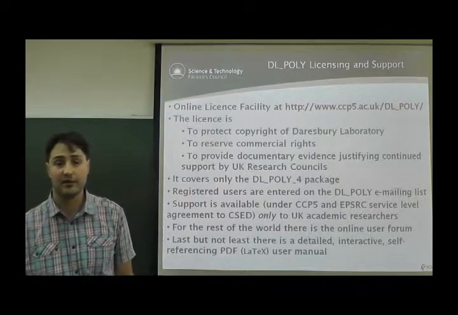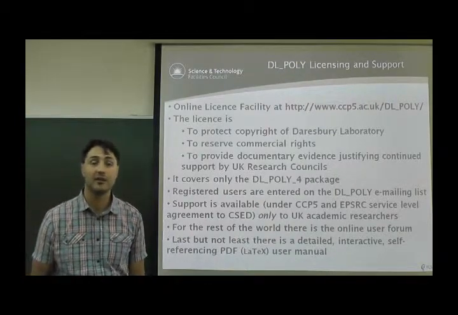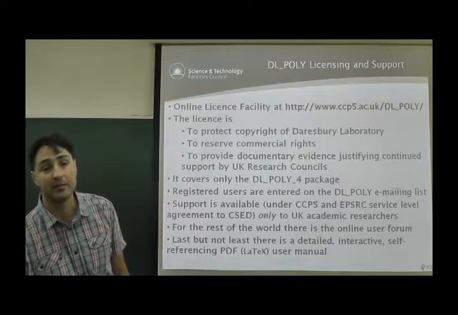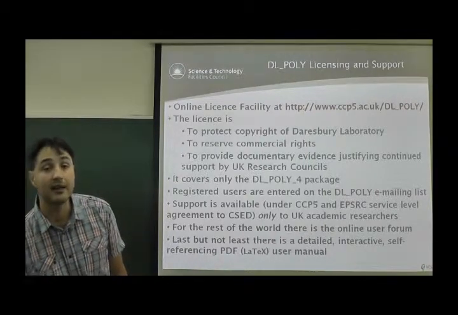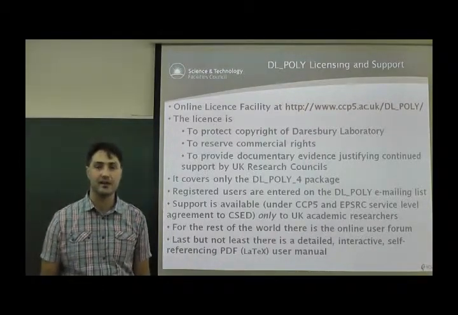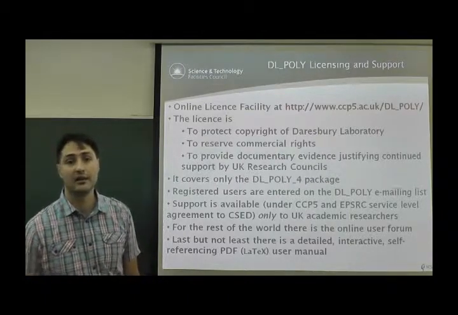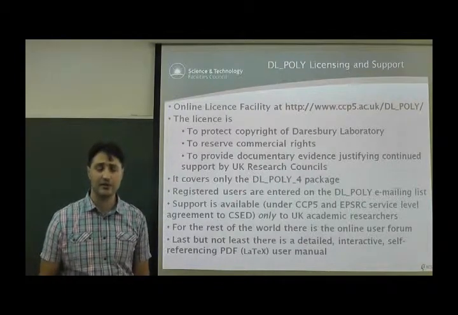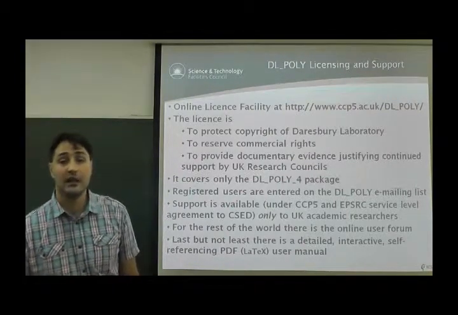We also want to reserve the commercial rights, so if there's a company that wishes to exploit the package, they need to pay a small fee for it. And of course to provide some documentary evidence to justify the continued support that we received from the UK Research Council. It covers only DL_POLY 4, of course.